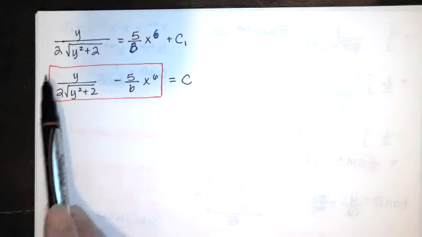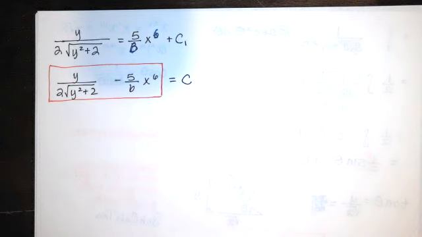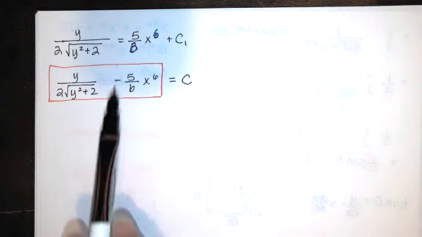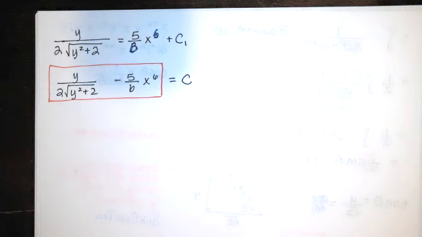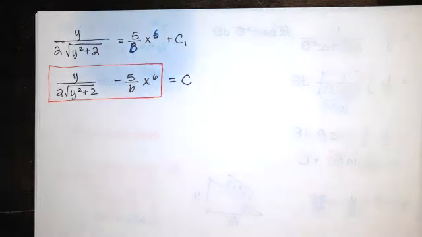But you could get rid of the 6. You could multiply everything by 6, and 6 times c1 could be that c. But all of those are equivalent to each other. This is the form that my lab math wants, so this is what I would type into that box.